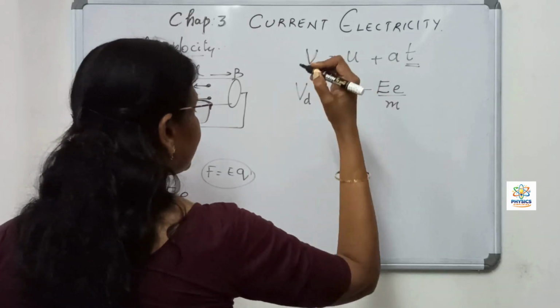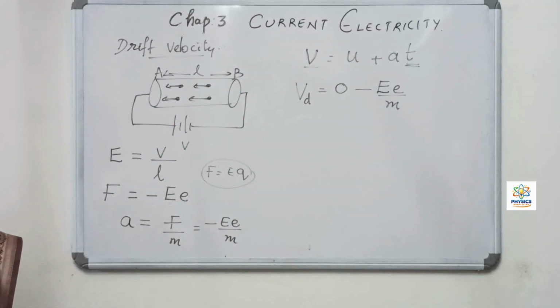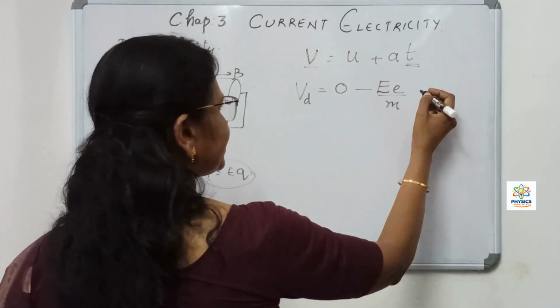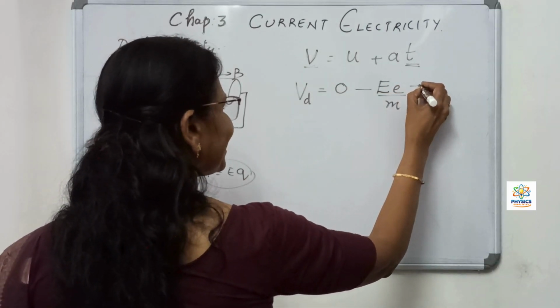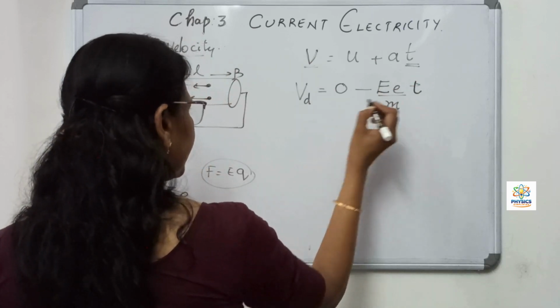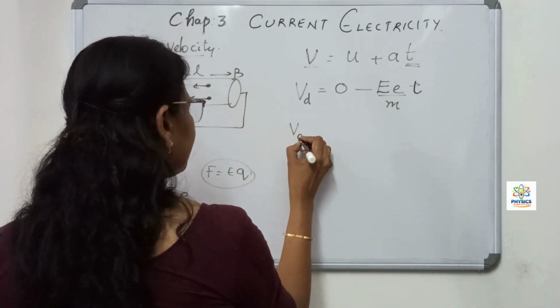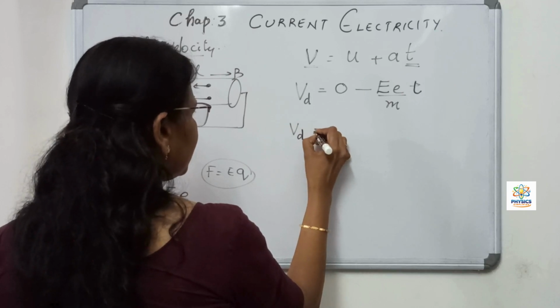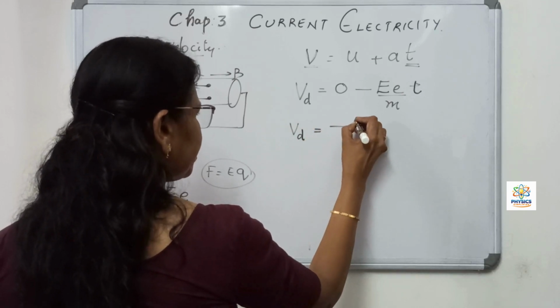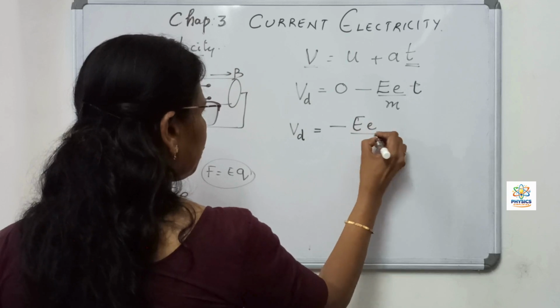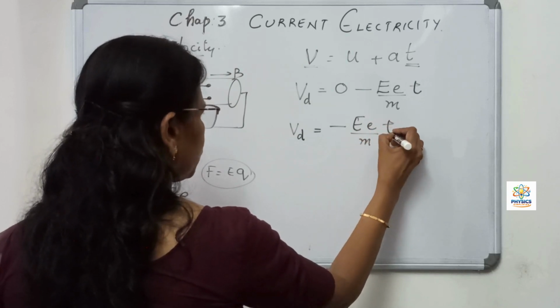And the time here we are considering as relaxation time. Relaxation time means the average time interval between successive collisions of electrons with the atoms. This relaxation time is represented by the letter tau. So here we get the drift velocity as Vd is equal to minus eE by m into tau.